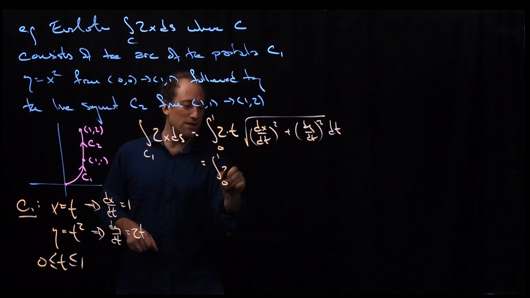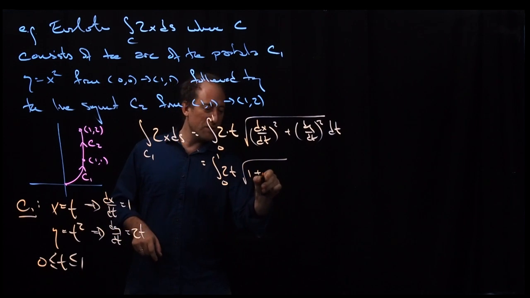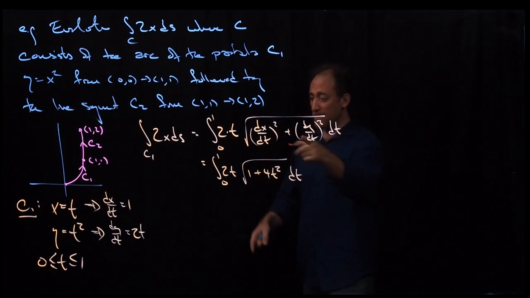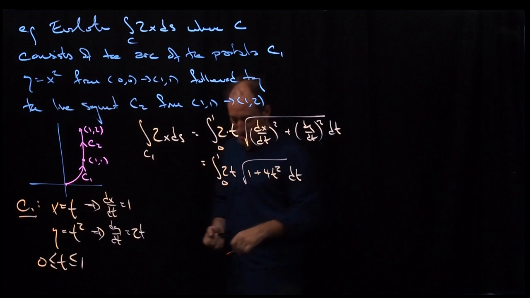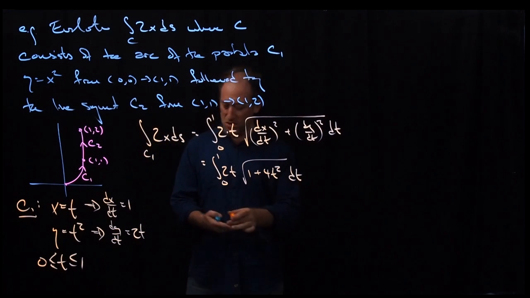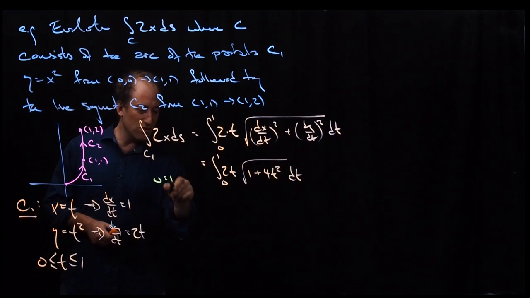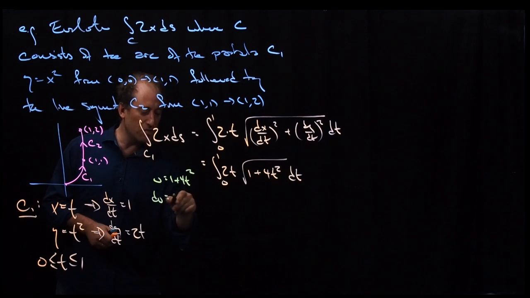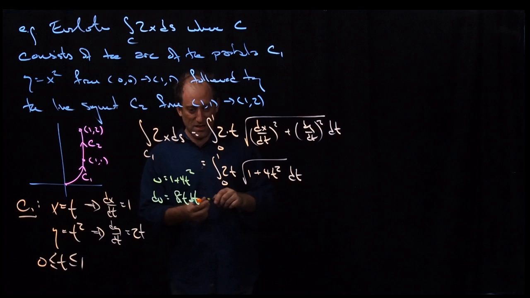Integral 0 to 1 of 2t, and I wind up with the square root of 1 plus 4t squared dt. I'm just plugging in the dx/dt and the dy/dt and squaring them under the square root sign. This is a cute bit of u substitution, namely if I take u equal to 1 plus 4t squared, I'll wind up with du is 8t dt.